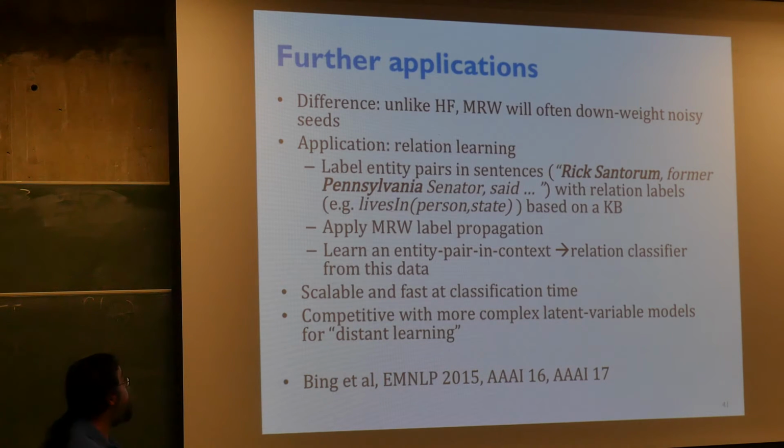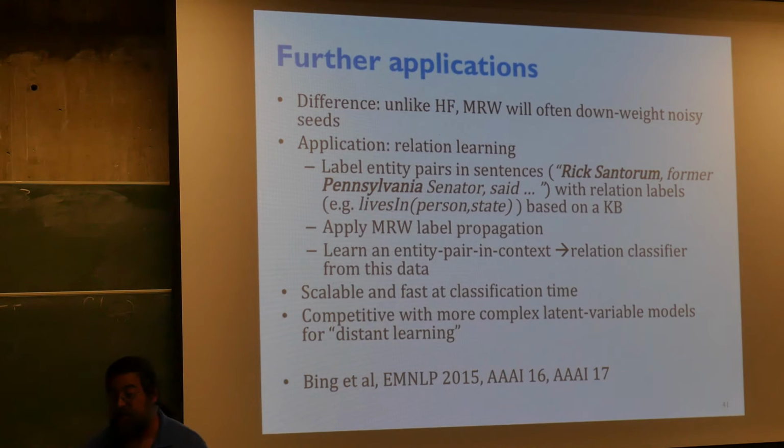But what seems to work is to use the MultiRankWalk label propagation method to take the noisy example data and clean it up, right? The things that match the knowledge base but are structural outliers will get weighted down. The things that are central, common things will get weighted up. And you can then just learn a classifier from that distantly labeled data, and it works pretty well.